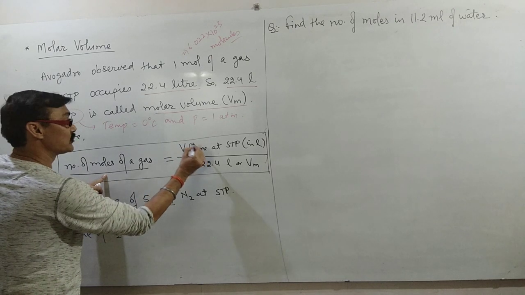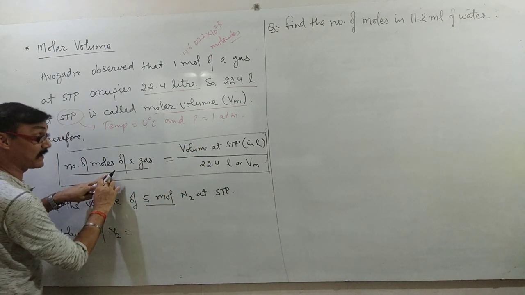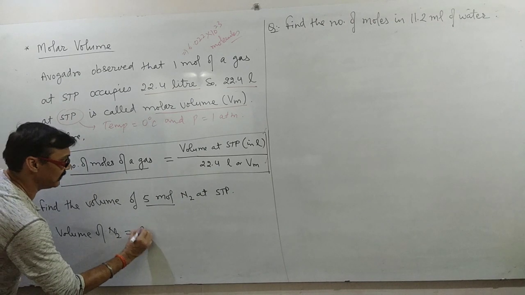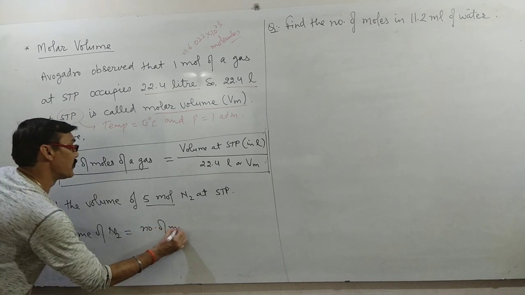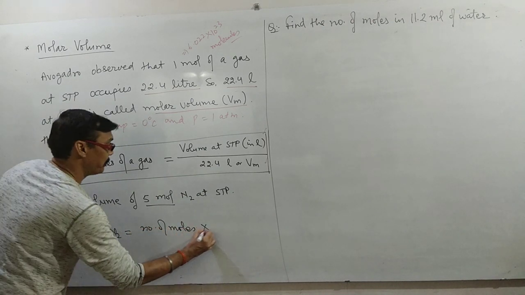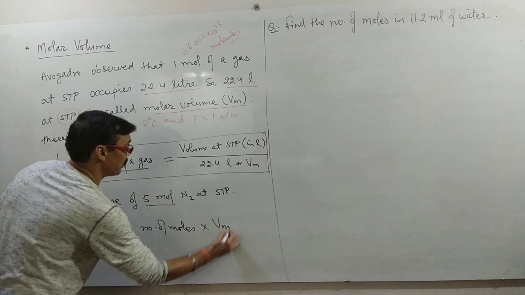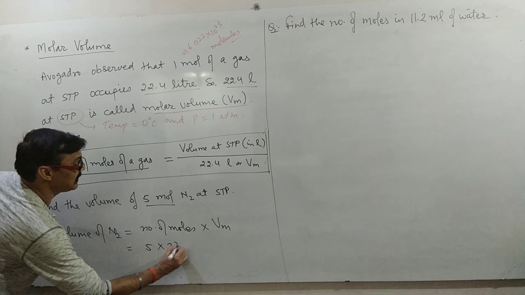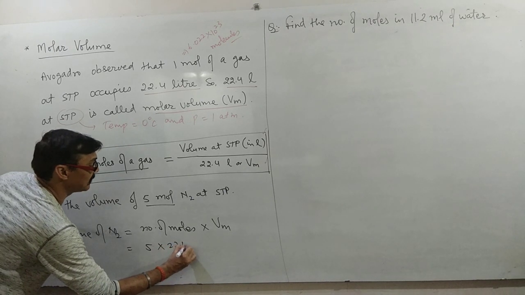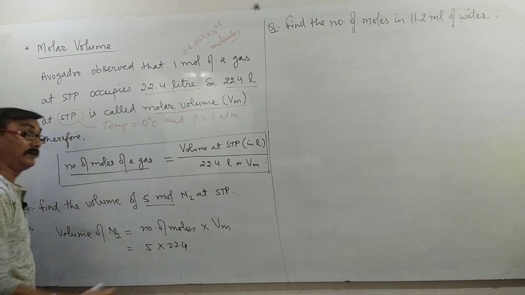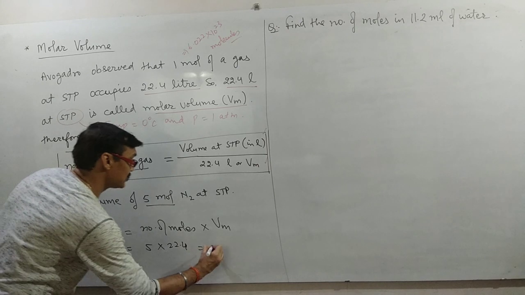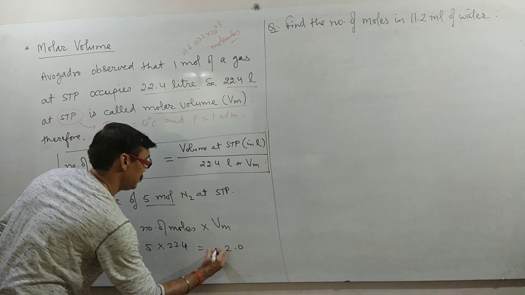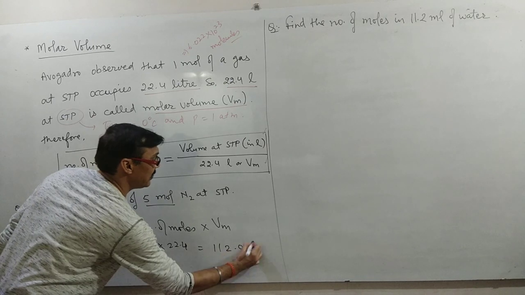Volume is asked. So volume is equal to the number of moles of gas multiplied by molar volume, that is 22.4 liter per mole. 5 multiplied by 22.4 is equal to 112 liter.